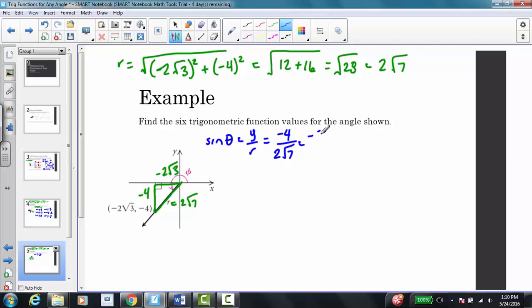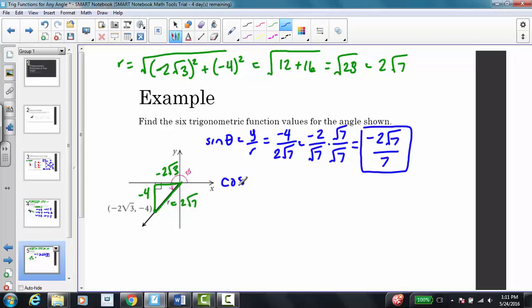That's going to simplify to negative 2 over root 7, but we don't want to leave that radical in the denominator, so I need to multiply both top and bottom by root 7, and that's going to give me negative 2 root 7 all over 7. Cosine theta, x over r. My x is negative 2 root 3.